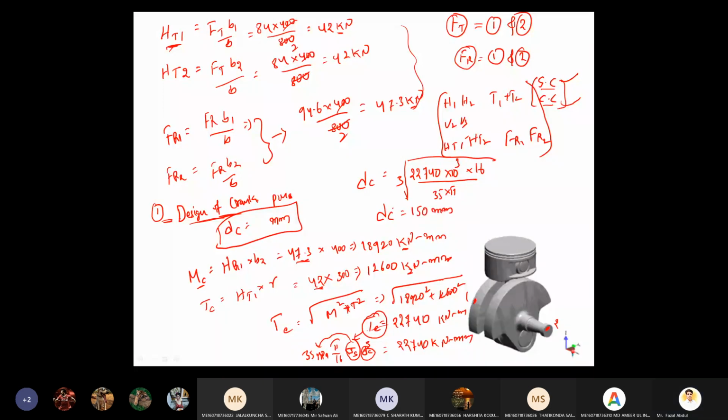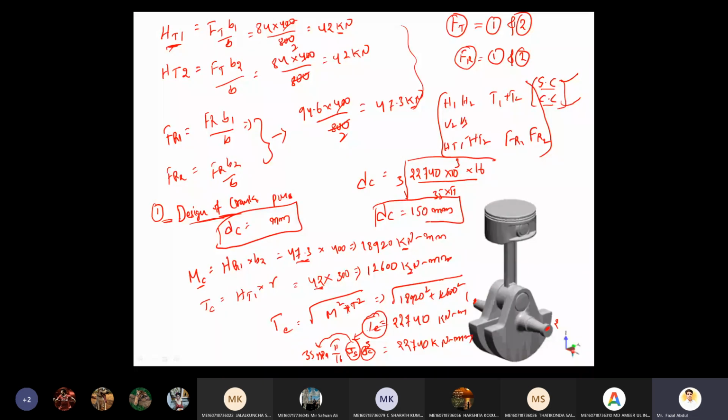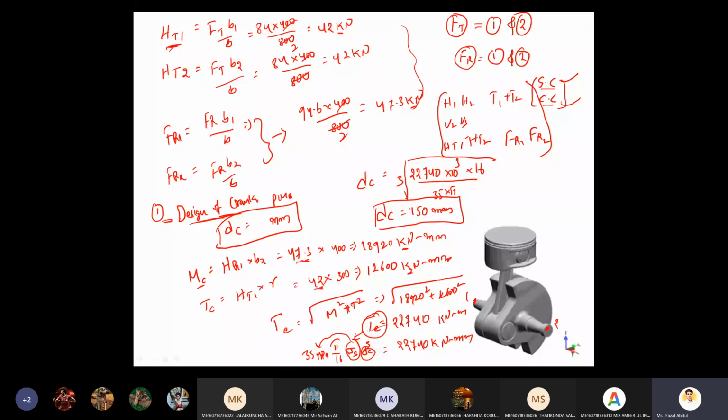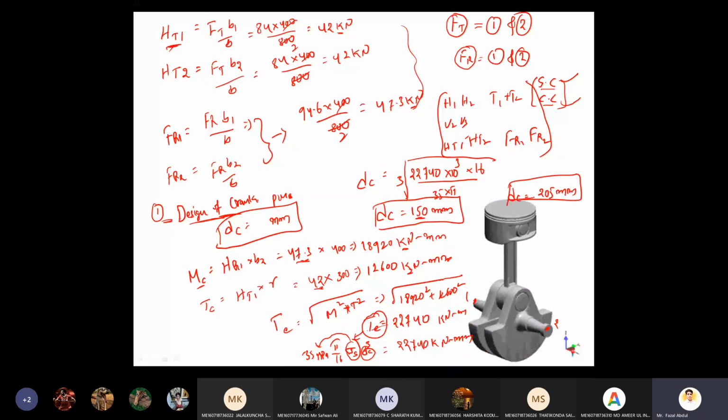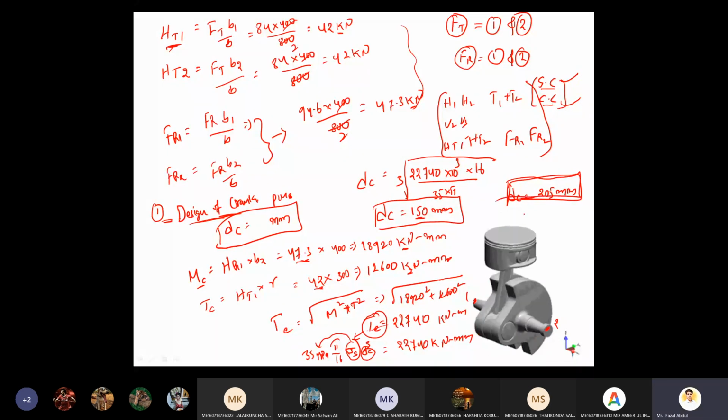Now see here, in the previous case, when the crankshaft is at dead center, subject to maximum bending moment, we calculated the same DC value and got 205. But in this case, we are getting 150. So for safe design, we need to adopt the larger DC value.